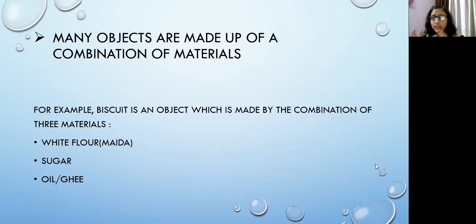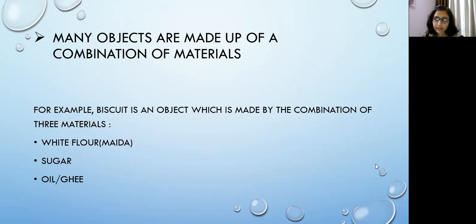When many materials are combined, then a single object is formed. So here they have discussed the example of a biscuit. So biscuit is prepared by using three materials. First one is maida. Okay, the white colored powder is called maida. Sugar is also needed, and oil or ghee.